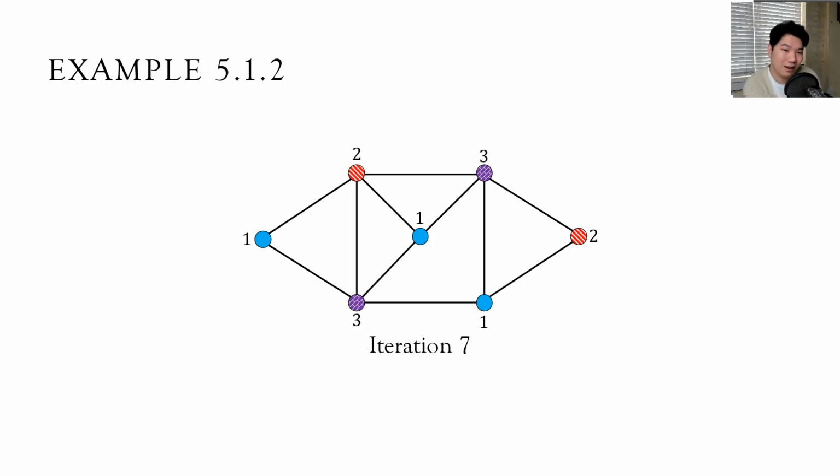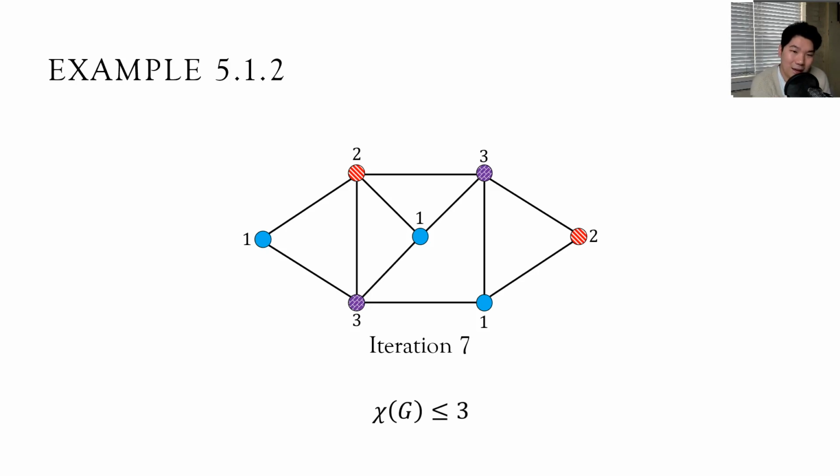I used 3 colors. Since I have a proper 3-coloring, I could say that my graph G is 3-colorable. Furthermore, this algorithm also tells me since I am 3-colorable, then my chromatic number chi is at most 3. So we have at most 3 here.